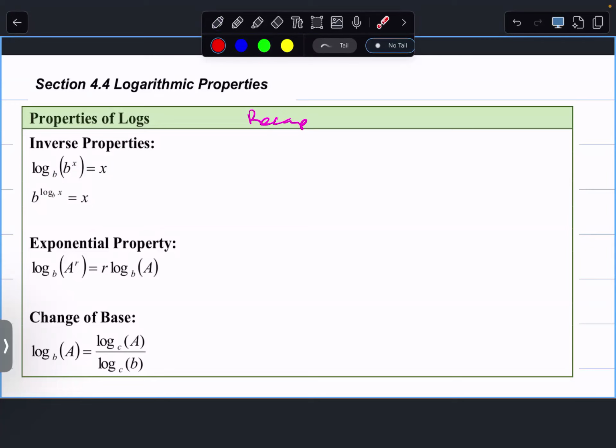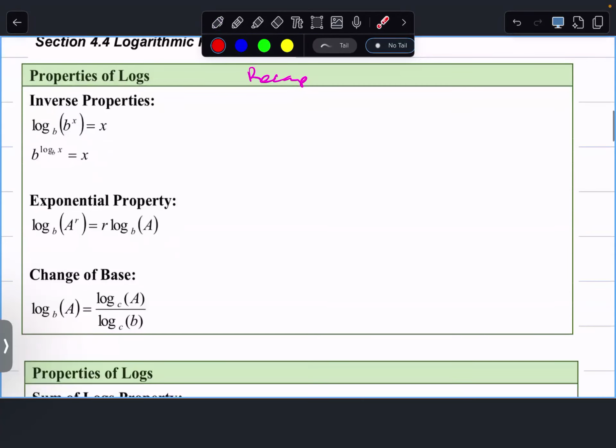So these are important. We also use this property a lot: log base b of anything to the power of r, I'm allowed to bring that power r out front and rewrite it as r times the log base b of a.